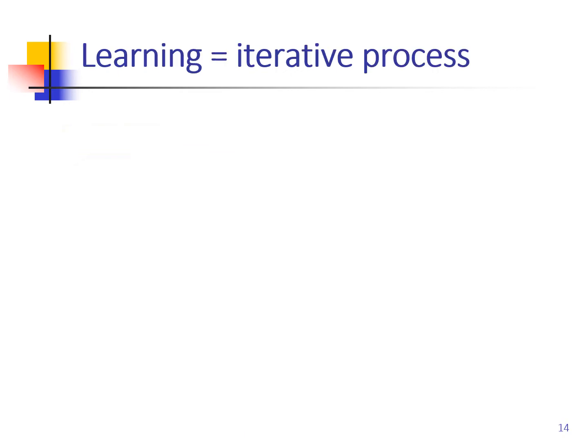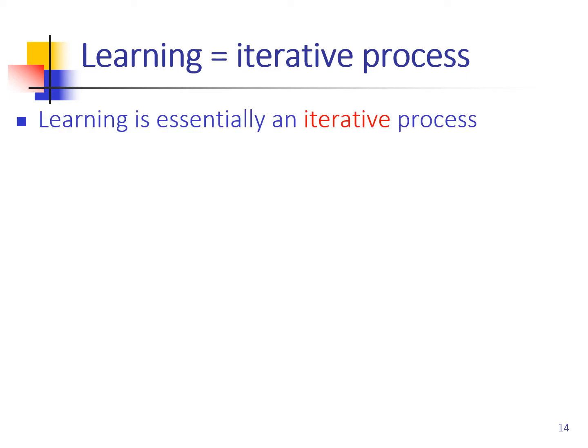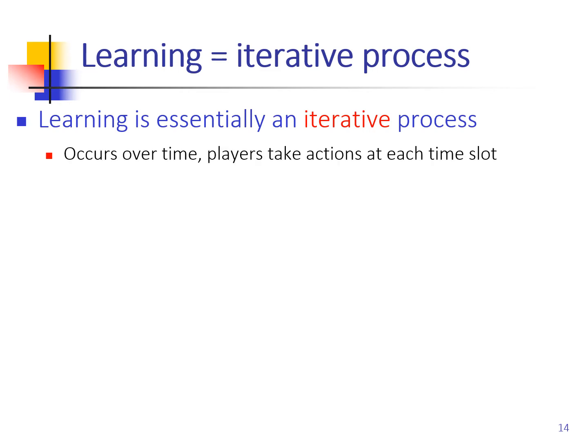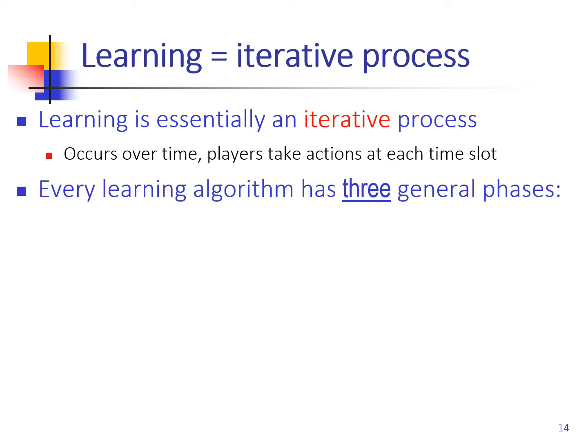All right, very good. So let's go back to our learning process. We know by now that learning is an iterative process which happens over time, where players take actions at every time slot, and every learning algorithm will always have three key ingredients.